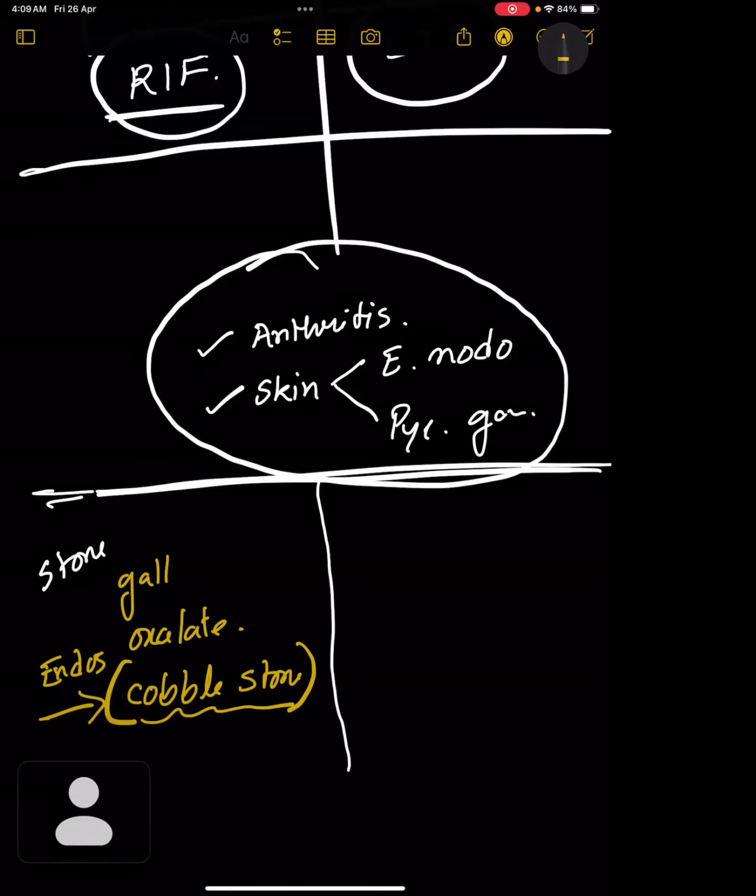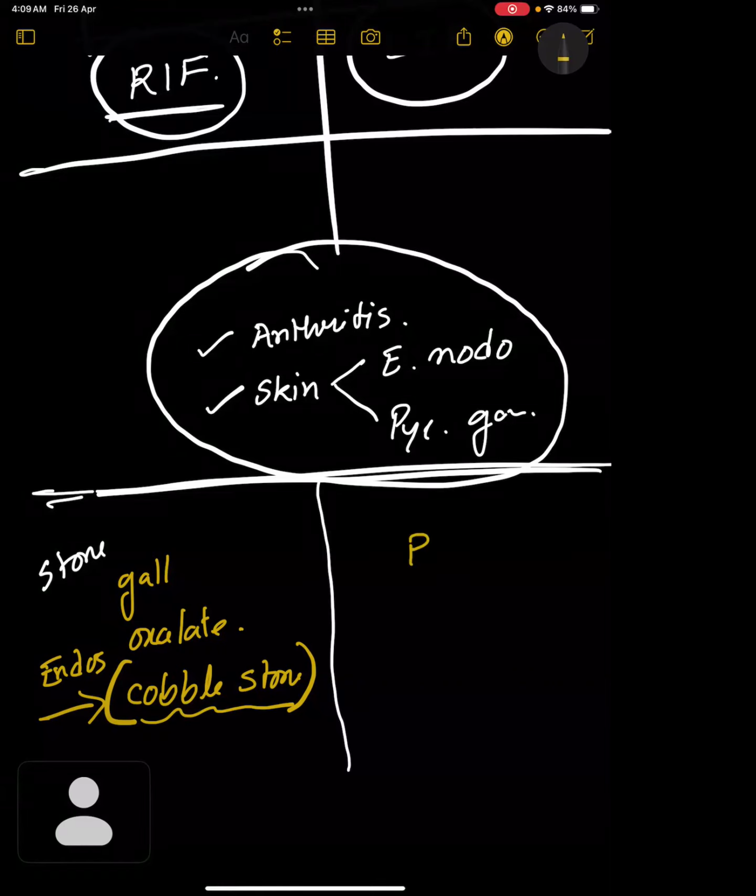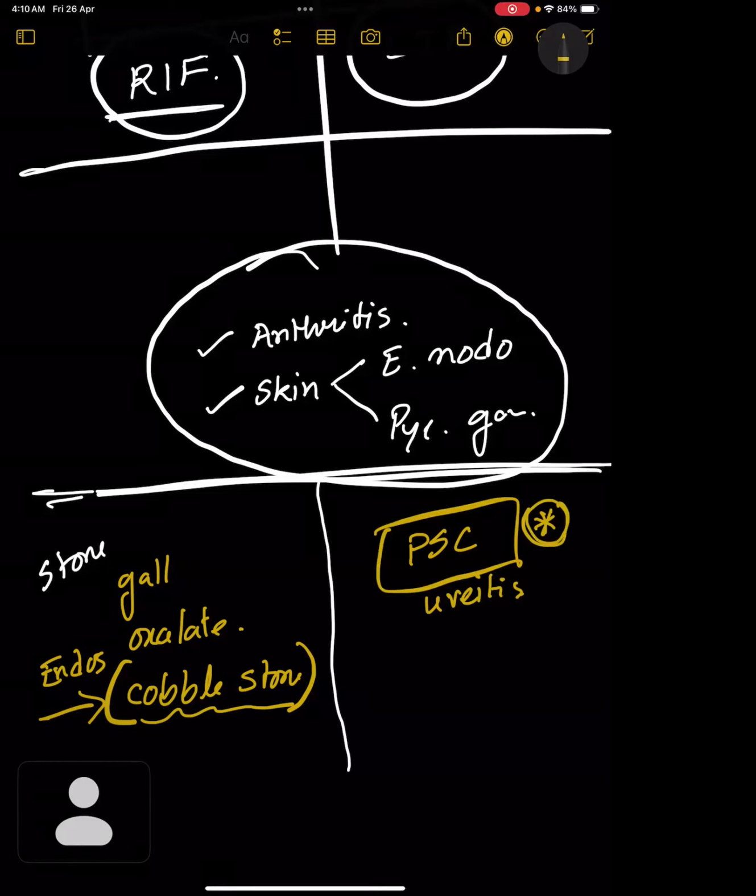So the other thing, ulcerative colitis, there is something else that you need to remember: PSC, very important. PSC and uveitis. Uveitis is not coming that much. PSC, obviously, either they will give you a question from the gallbladder part, or maybe they will give you one from this IBD part.